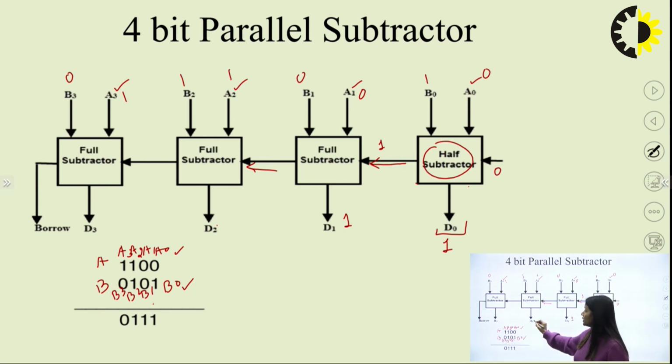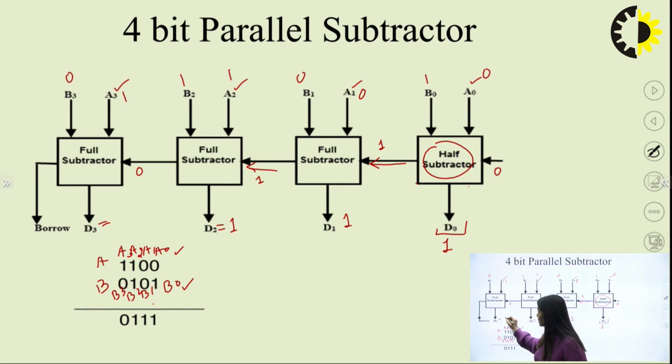So D2 will be 1, and D3 will obviously be 0. After that there is no borrow in this case, so that will be 0.